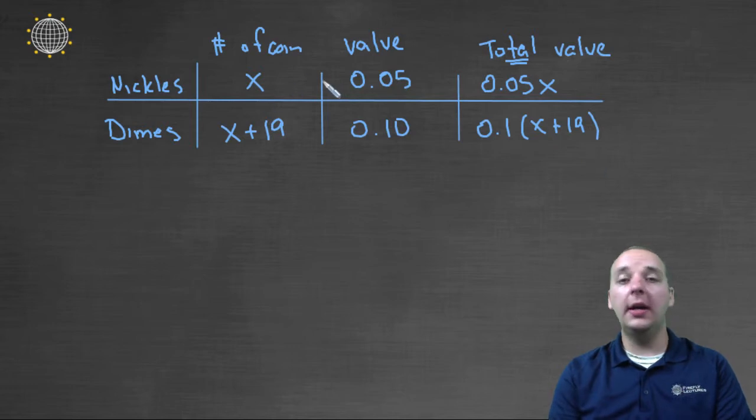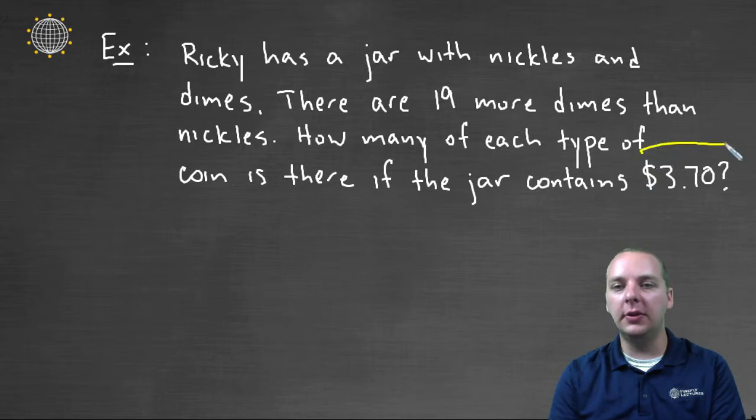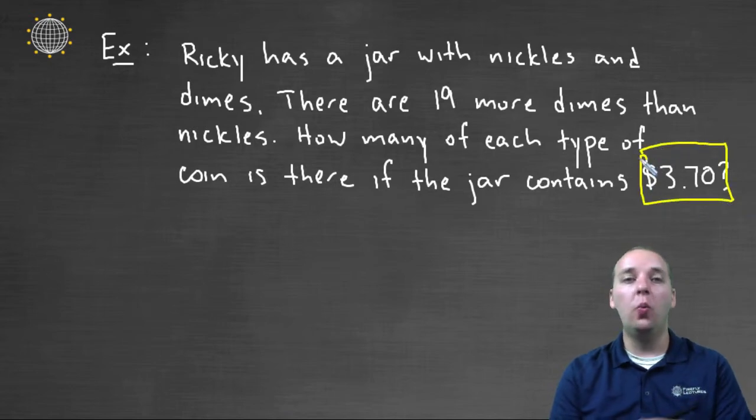So now, what can we do with this table? I said this table would be helpful, but why is it helpful? Is there any information that we haven't used yet in this paragraph? Well, hopefully you noticed the $3.70. Let's read it again. It says, how many of each type of coin is there if the jar contains $3.70 total?